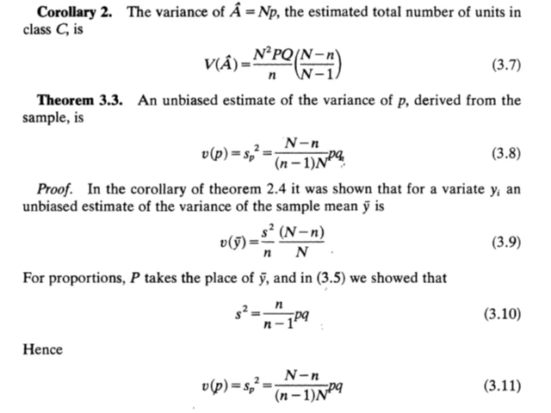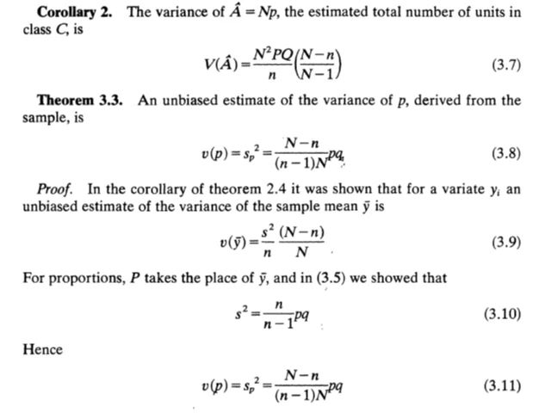We can prove it simply by using the corollary of theorem 2.4, as shown, that the variance estimate of yi is an unbiased estimate of the variance of the sample mean y bar, where the variance of y bar equals S squared over n times N minus n over capital N. So the proportion p takes the place of y bar, and in 3.5 we showed that S squared equals N over N minus 1 times PQ.